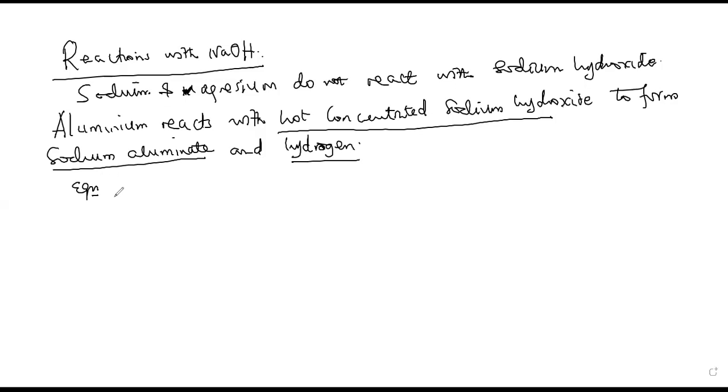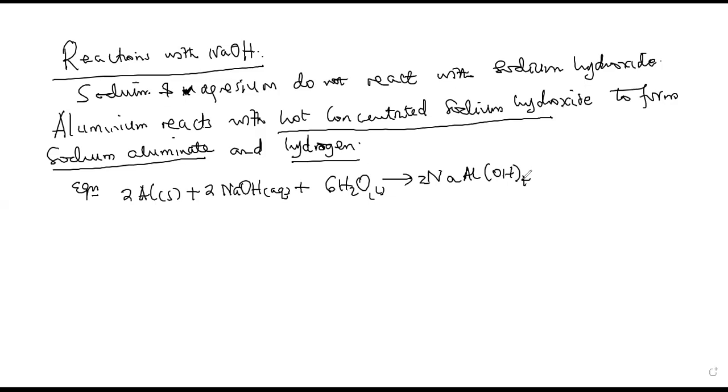Ionic equations are always easy to write, but what I mean is that aluminium reacts with sodium hydroxide, actually in the presence of water, to form sodium aluminate and hydrogen.